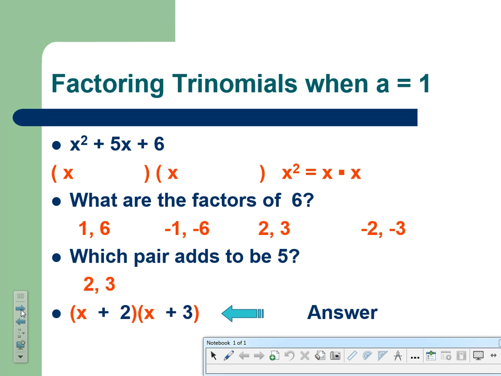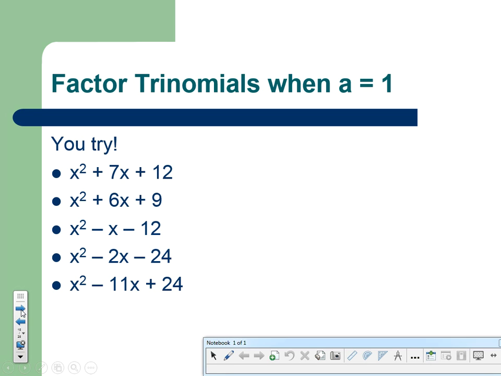Now, what we're going to do next is a few problems. So let us look at x squared plus 7x plus 12. Let's first of all check for a GCF. There is not a GCF. Now, we're going to draw in our two sets of parentheses because our answer will be a product of binomials.